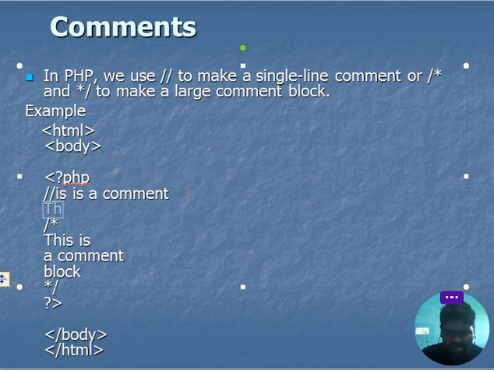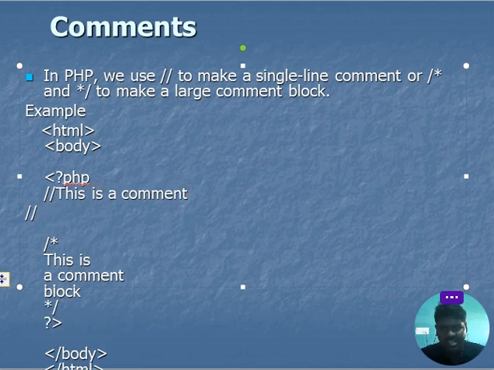So for example, I will type here, just making the comment, so single line comment, double slash, reading value of A. This is a comment.